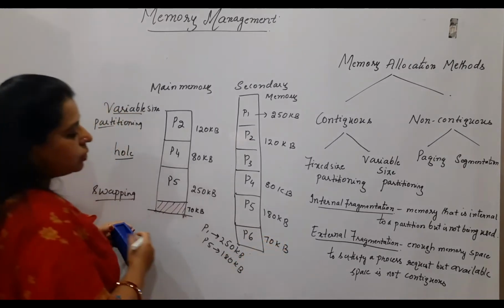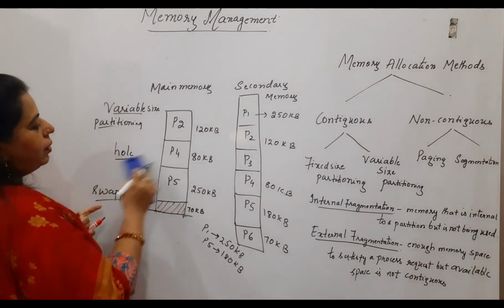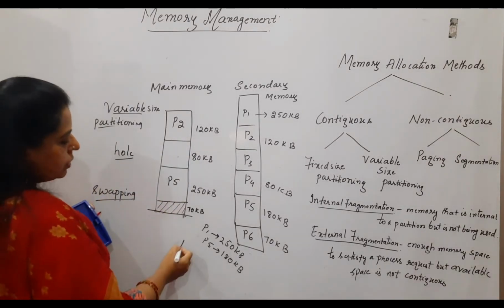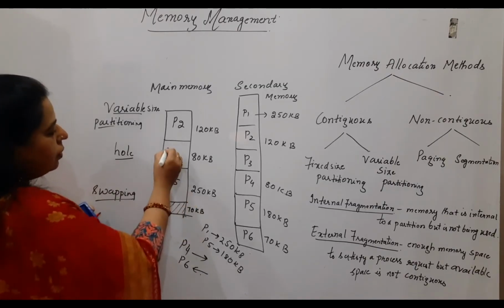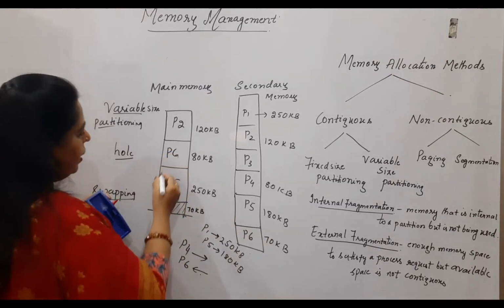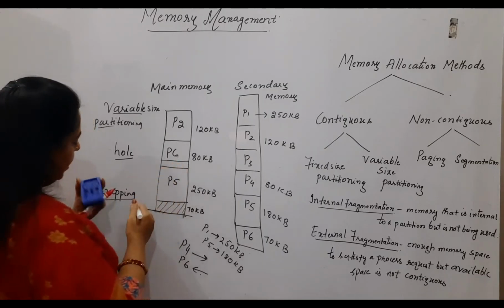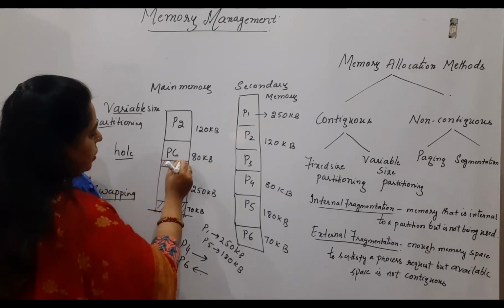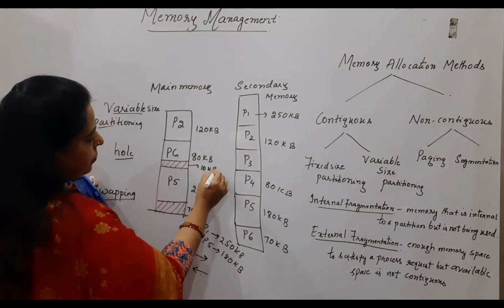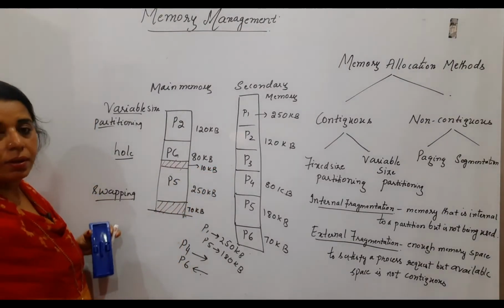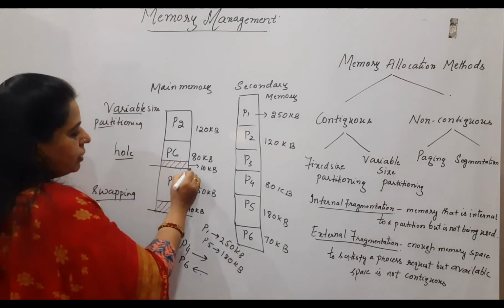So P4 is swapped out, and in place of P4, P6 has come in. P6 size is 70. So leftover space is here in this particular partition now, and the leftover space is 10 KB. Here also it has made some leftover space in this partition.